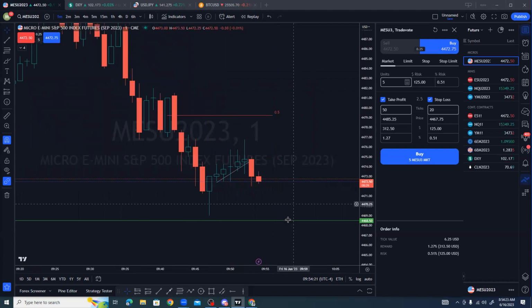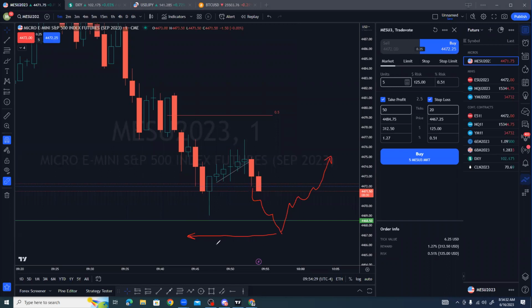This could easily come back down, grab a little bit more of that liquidity, get below some of the lows to the left there, and then make its way back up. And then this would just be a stop for me. So I'm not going to do that. Let's wait for news. And I'm going to step away to make sure that I stay away from it until the news comes out.